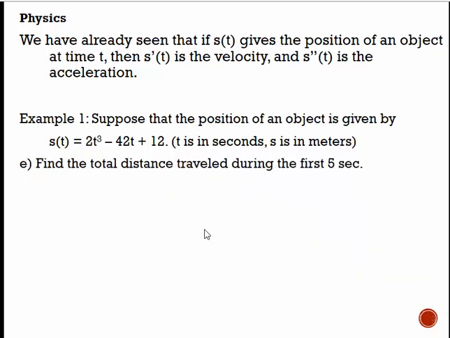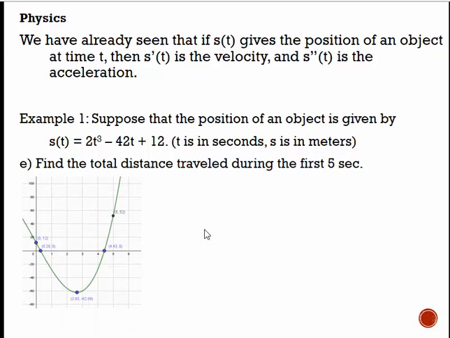Find the total distance traveled during the first 5 seconds. Okay, we have to be very careful here because some of the time it's moving forward, some it's moving backwards. So here's a graph of the position function. So we have the point (0, 12). The object starts 12 meters in front of the reference point and then moves backwards and is at position 0 after 0.29 seconds approximately.